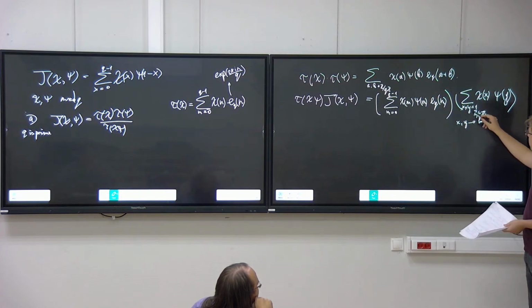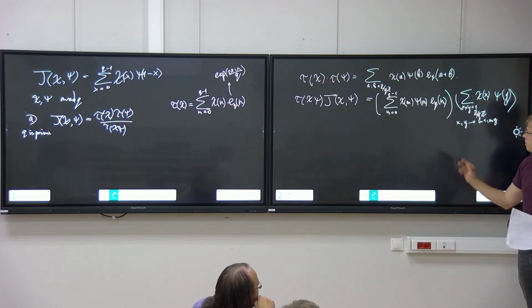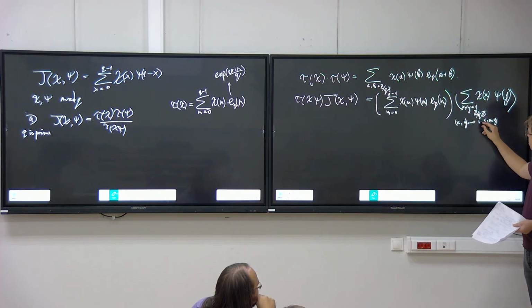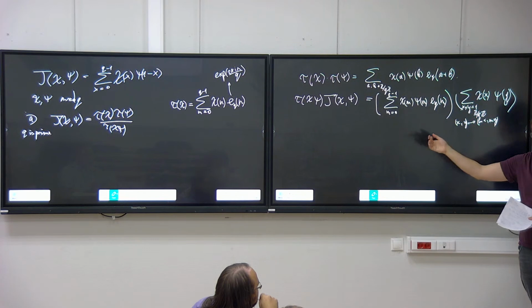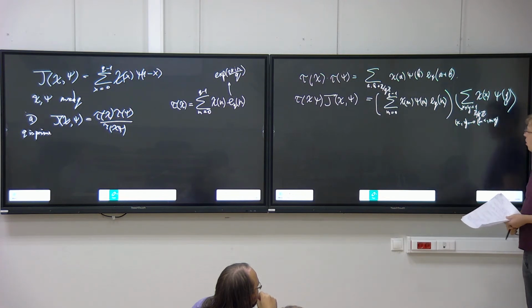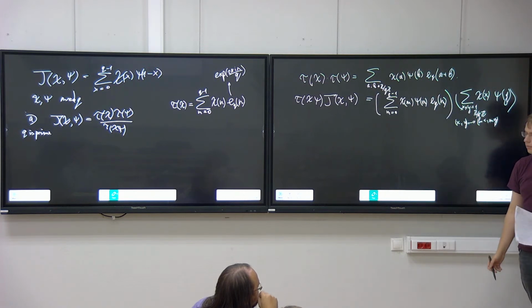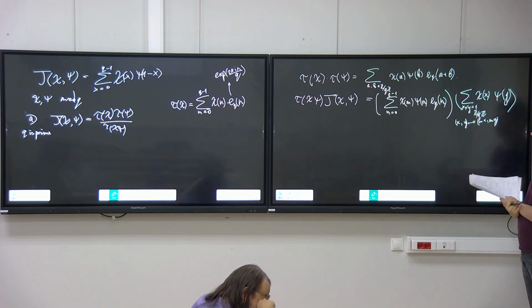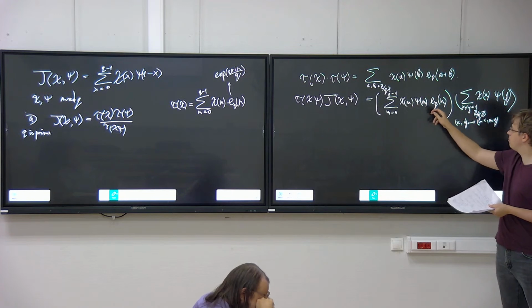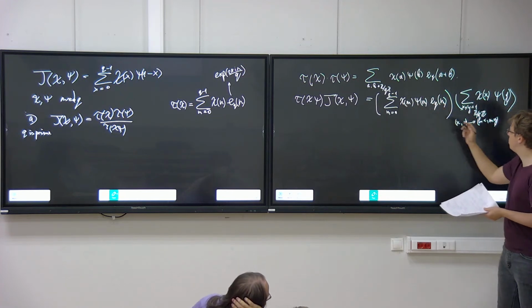If the sum of these two is 1, then the sum of these two is m. And this is a bijection if m is relatively prime to q, between pairs of x and y whose sum is 1 and pairs whose sum is m. If they are not relatively prime, this would be 0.